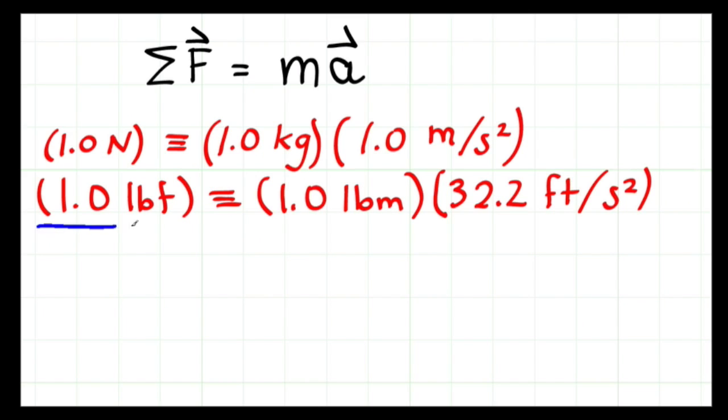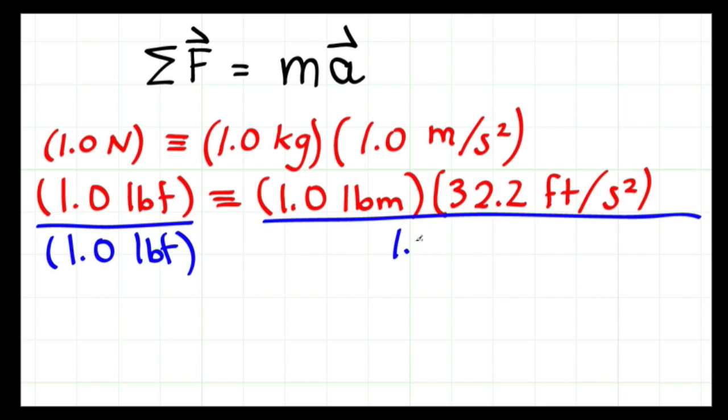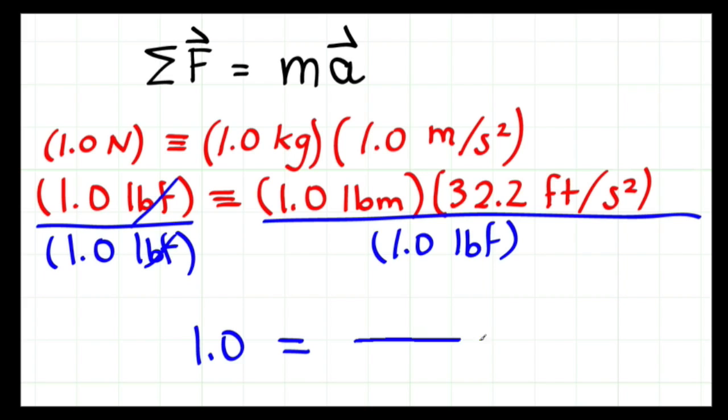To derive a conversion ratio, we do the same thing we did before. In particular, we're going to divide both sides of the equation by 1 pound force here, and over here we'll put in 1 pound force. Then we'll clean it up. Pounds force cancels. We get a 1.0 down there. Excellent. Pounds mass come into the numerator. There's pounds mass.